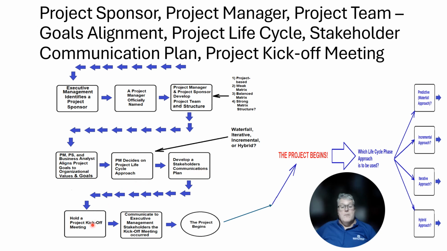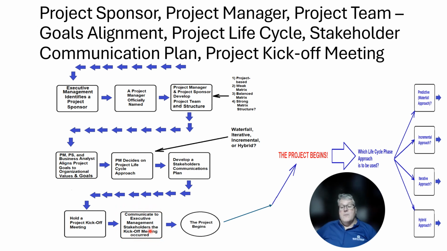Then a project kickoff meeting is held. You're going to go through a whole lot of information to get the project team up and running, and afterwards communicate to executive management stakeholders that the kickoff meeting has occurred. Typically it's going to be an email, telling them we're underway and we are off and running.